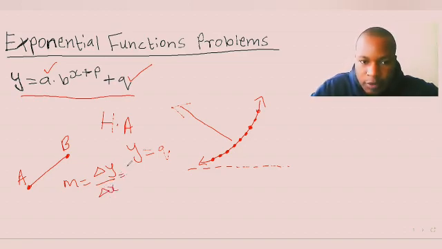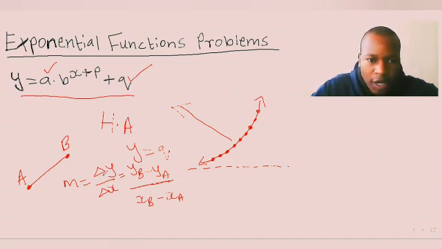This would equal yb minus ya divided by xb minus xa. Remember that consistency in this case is very important. That's what I wanted us to quickly talk about before we tackle the actual problems. I'll just move on over to the next page for us to tackle these problems.